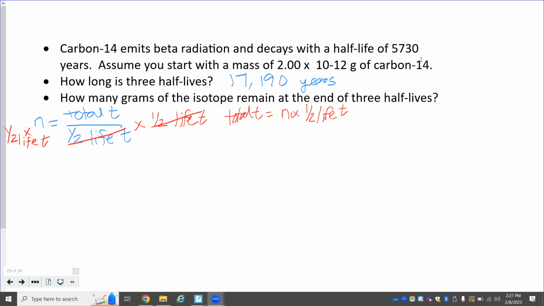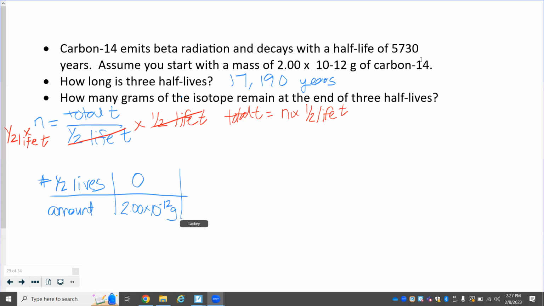So remember we said we have number of half-lives and amount or mass that we have. So remember we said at our initial, at time 0, we have the 2.0 times 10⁻¹² grams of our sample. Well, after 1 half-life, divide that by 2, we have 1.0 times 10⁻¹² grams.